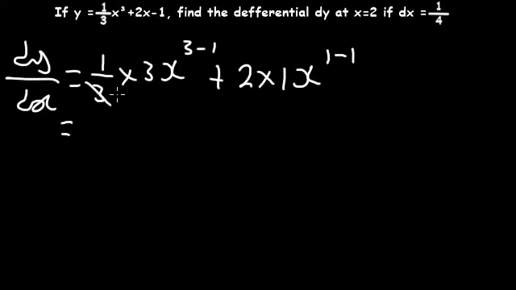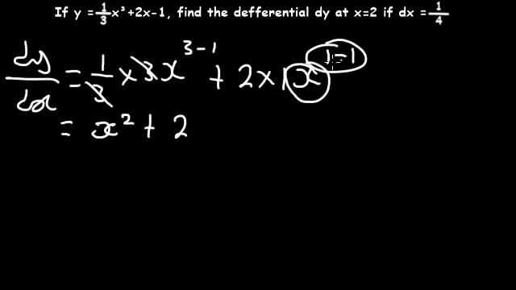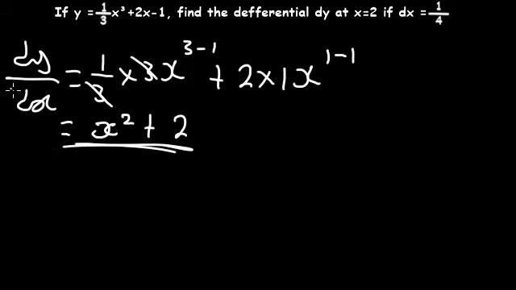Now you notice that this 3 cancels the 1/3, and left over as the power of x is 2, as 3 minus 1 is simply 2. Then plus 2 times 1 gives us 2, since x raised to the power of 0, as 1 minus 1 is 0, gives us 1. So this is our final answer.